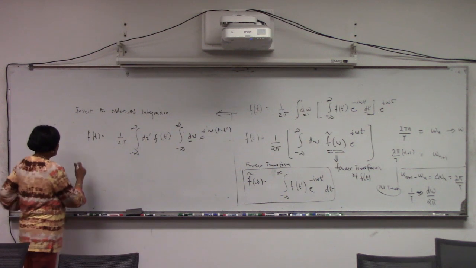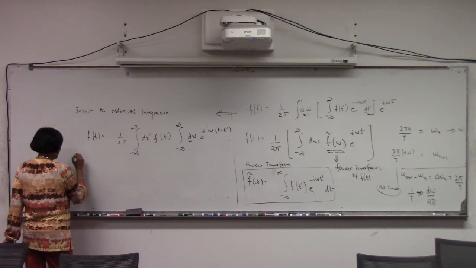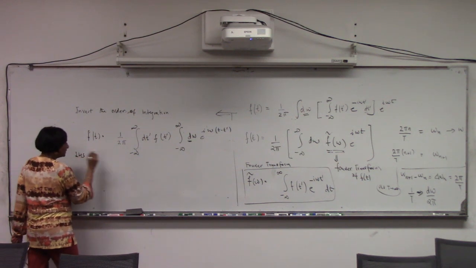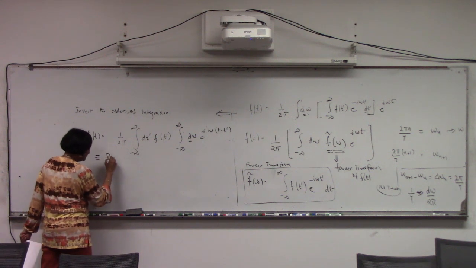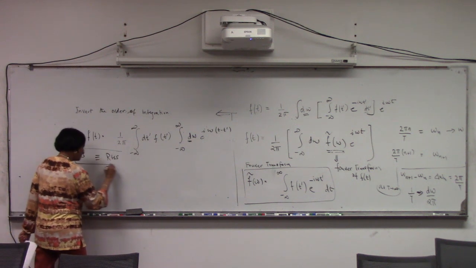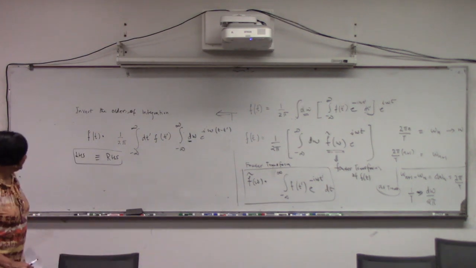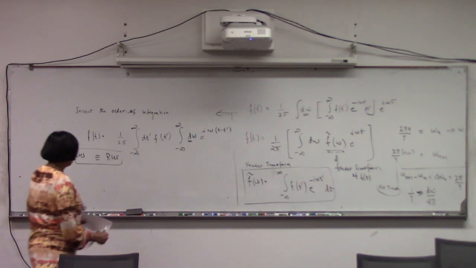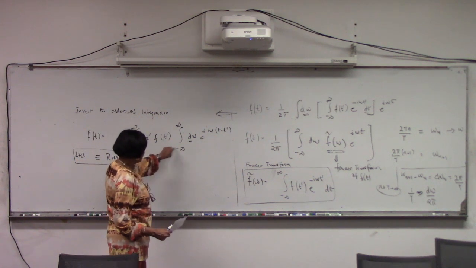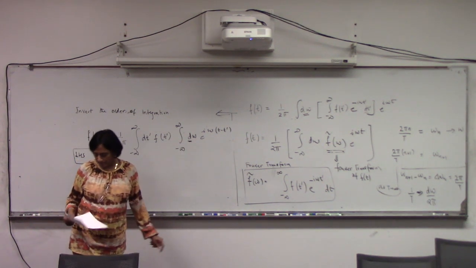So what do I have in the left hand side? We have to have left hand side equal to right hand side. This condition has to be satisfied. How can I make left hand side equal to right hand side with all this double integration?